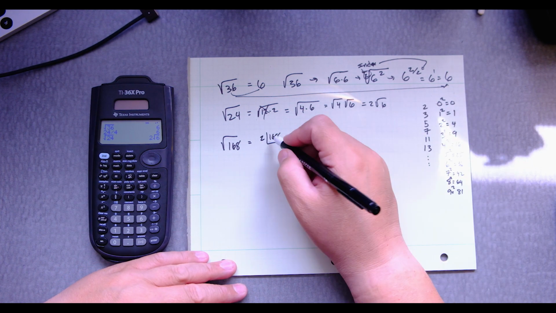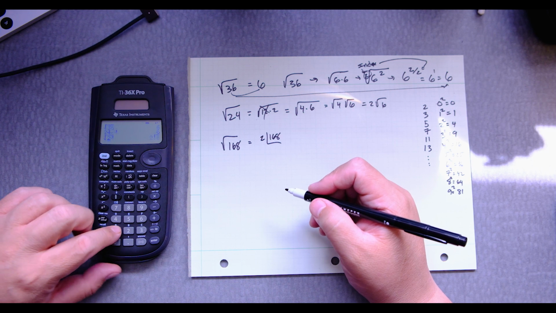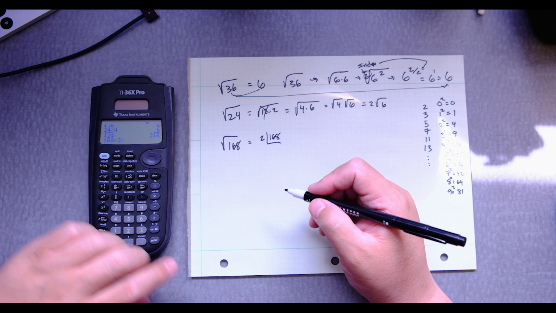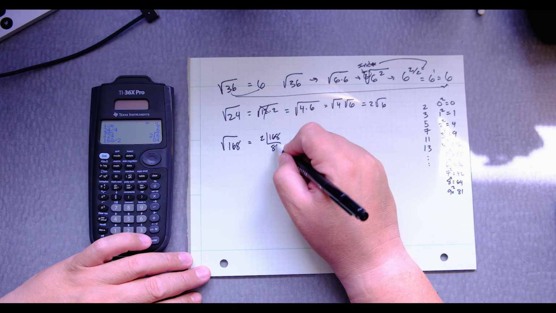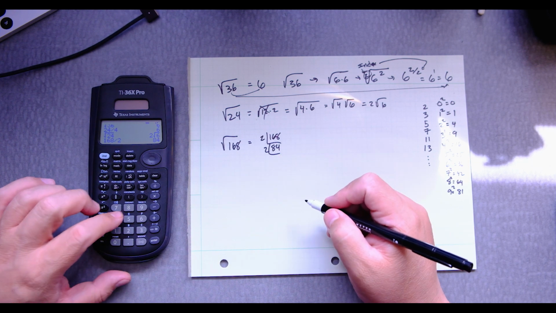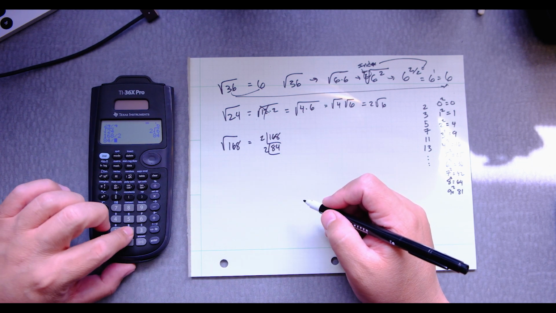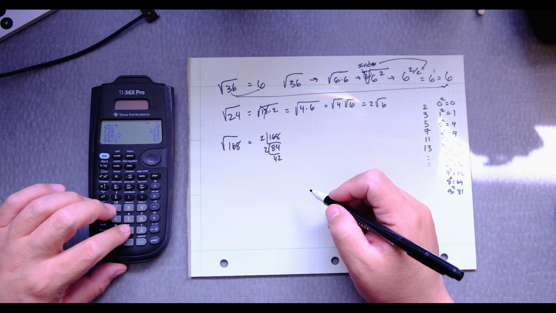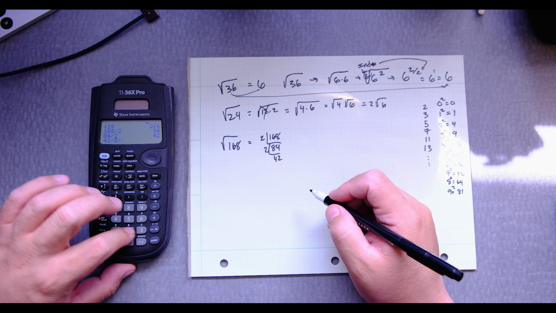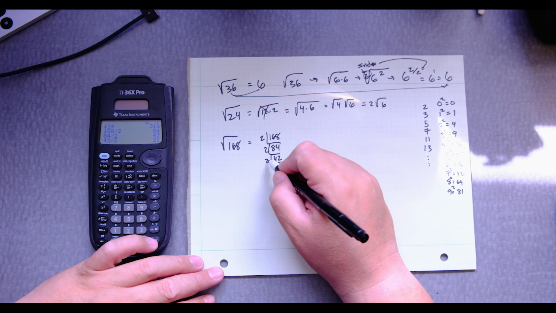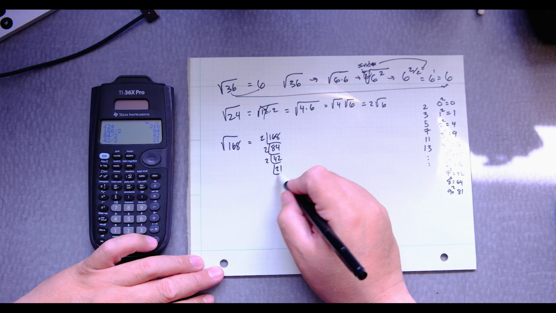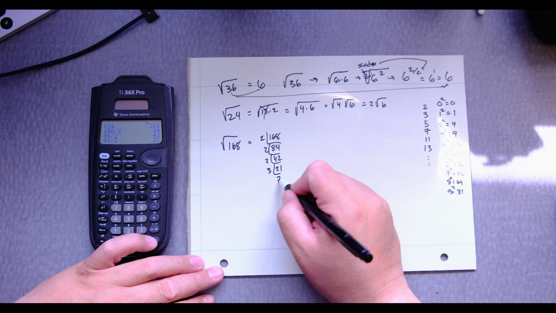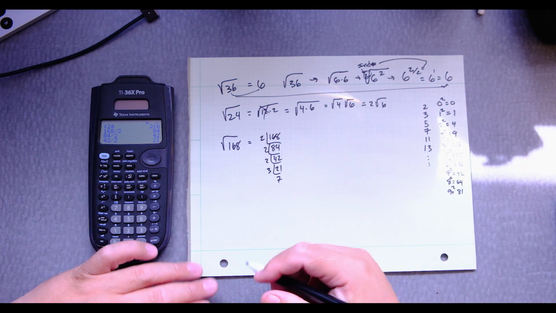So I take 2. 2 goes into 168. 168 divided by 2 is 84. I know 2 will go into 84 because there's a 4 there. Okay, 42. And then 42 divided by 2 again will be 21. And I know 3 goes into 21 7 times. And then 7 is a prime number.